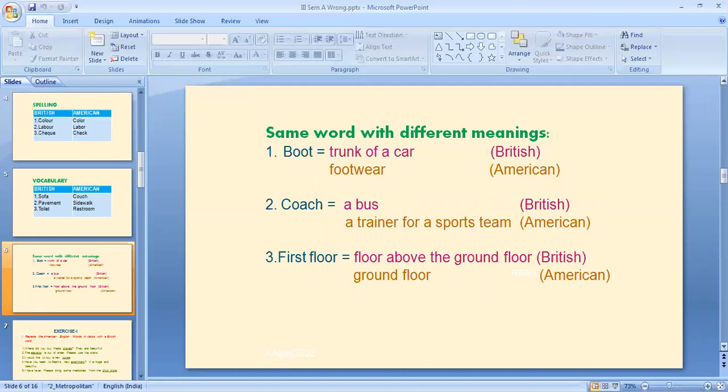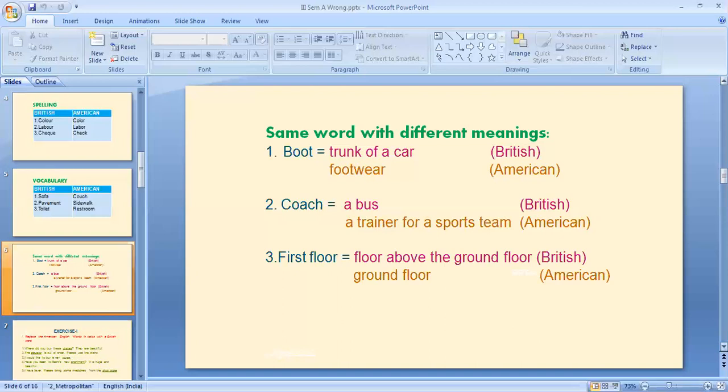But Americans use this word prominently for a person, a trainer, who trains sports people for a sports team. And first floor is a floor above the ground floor for the Britishers, whereas for Americans, the first floor is the ground floor itself. So the word is used in both languages, but with different meanings.